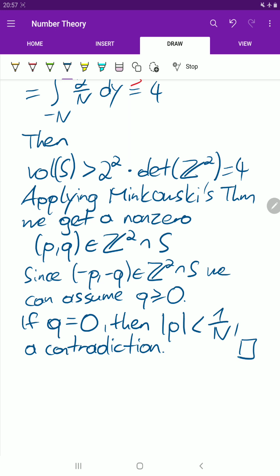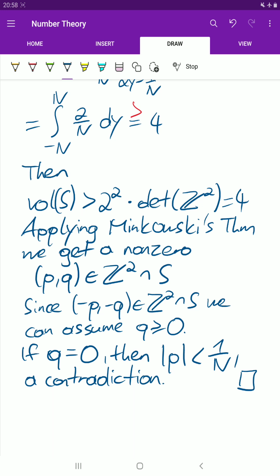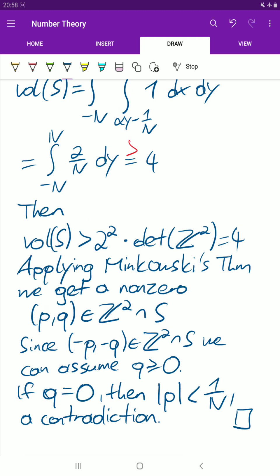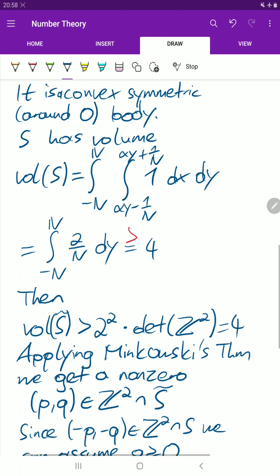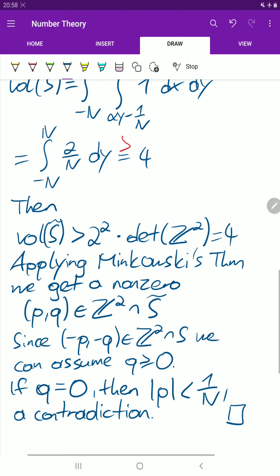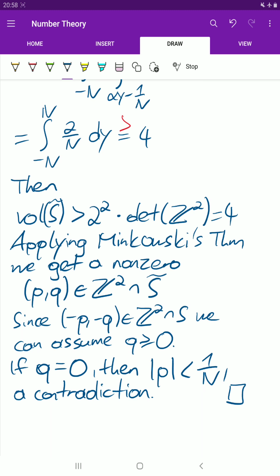This proves Dirichlet's theorem. And next time we're gonna reinterpret it a bit. We're gonna show actually that the set S, or actually I should write S tilde here because we changed it a bit, is actually convex and symmetric.